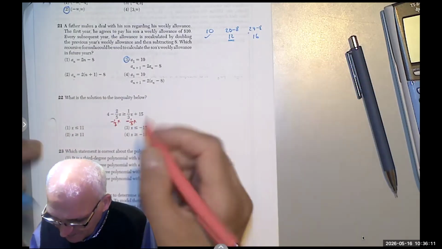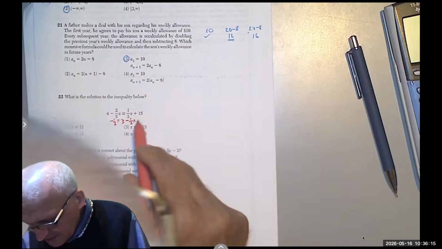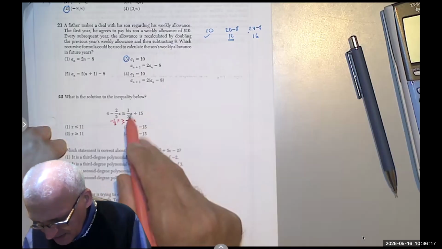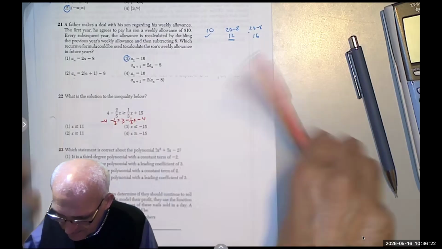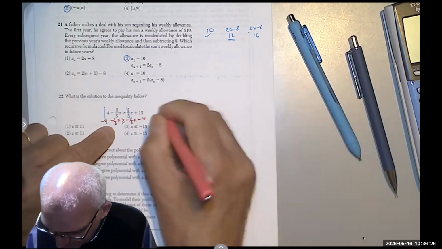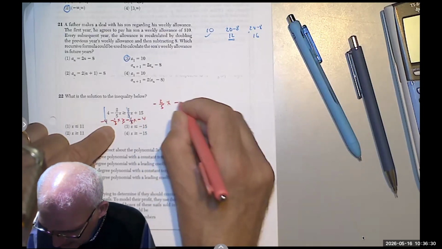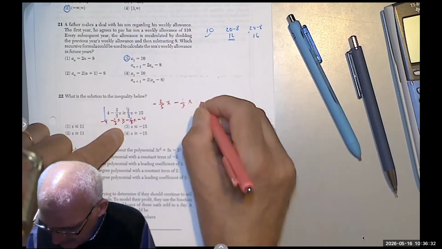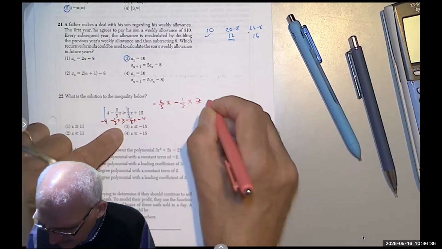It's up to you. And then I don't want any x's here, so I have to subtract 4 from both sides. These cancel and these cancel. So you get negative 2/5 x minus 1/3 x, greater than or equal to 11.